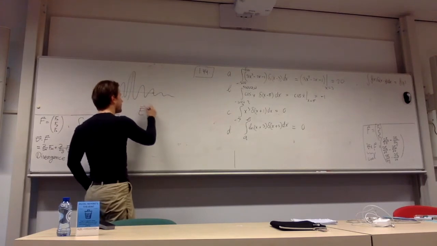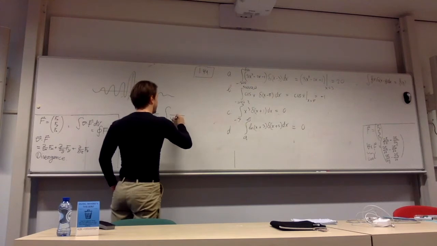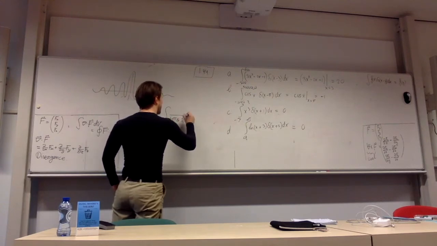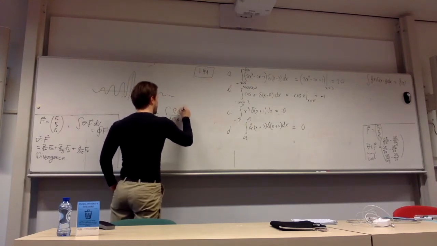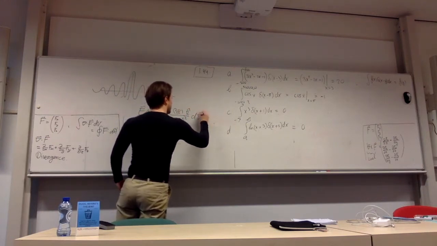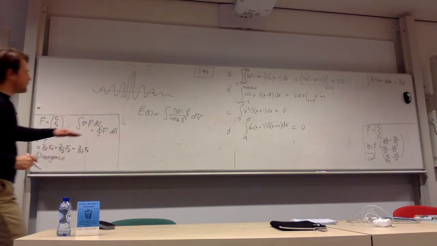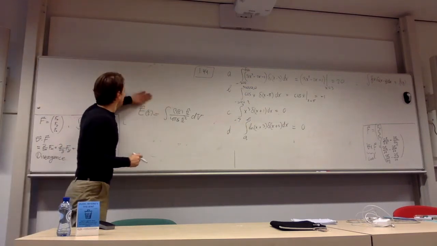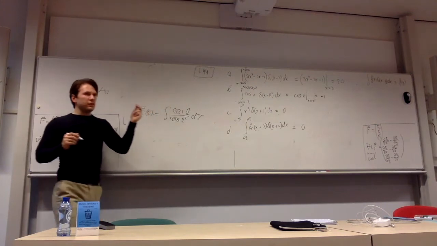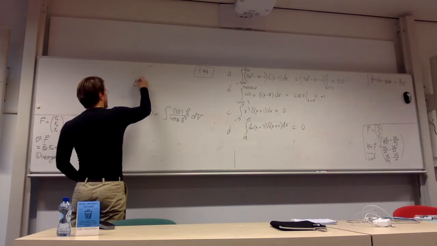Maybe you remember Coulomb's law that we wrote down before. 4 pi epsilon 0 r squared, rho, r hat, dV, something like that. Remember that we got this equation from starting with the electric field that comes from one singular charge, right?